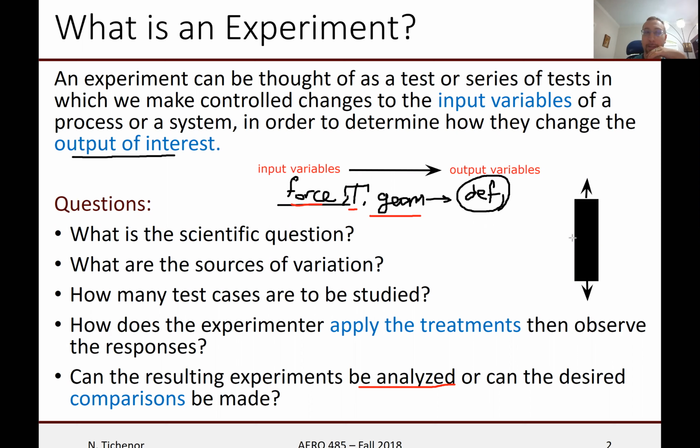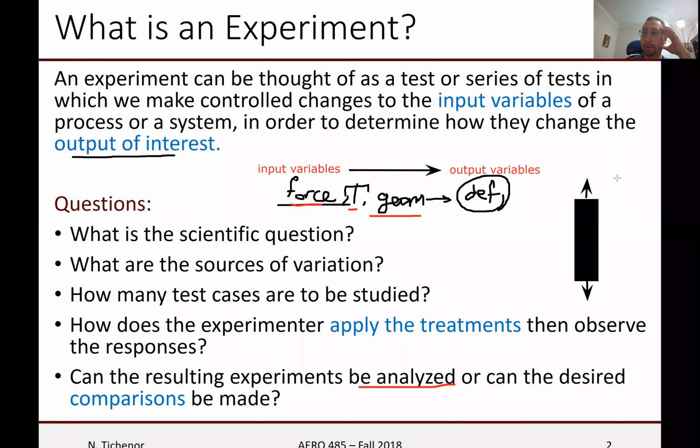I can analyze the data in many different ways. Let's say if you want to elongate the sample by 1 millimeter, you need to apply this much force. That's one way of reporting or analyzing the data.